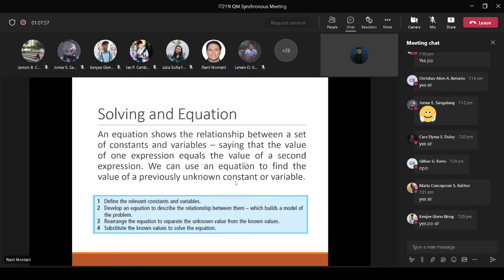So the method is correct, 'di ba? But the way it should be represented, or in terms of inference, you are claiming that 5 is equal to an unknown value, something like that. So it doesn't make any sense, right?